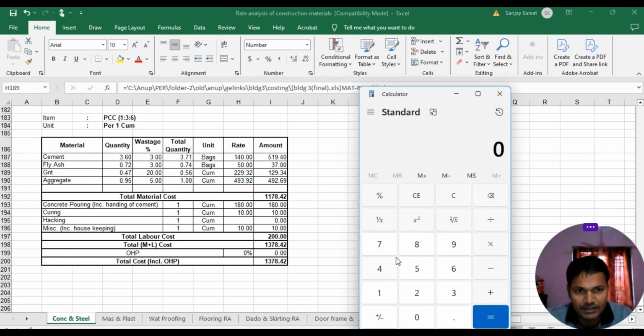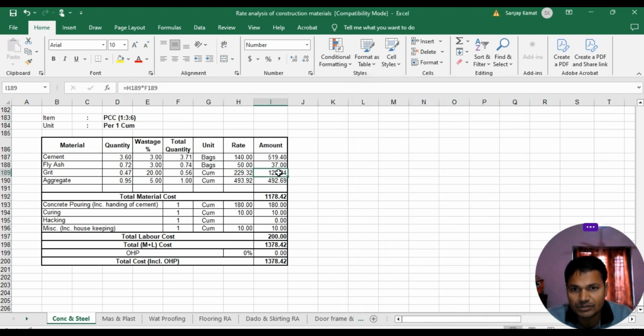Let's multiply and check this value. 229.32 into 0.56 is equal to 128.41, so this value will be changed.